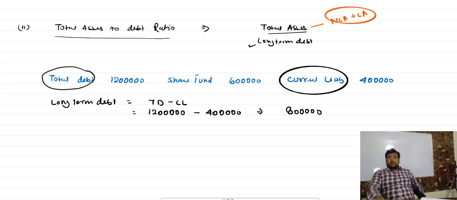Now the second thing we want is total assets. Total assets is very simple. By formula we know assets is equal to liability plus capital.